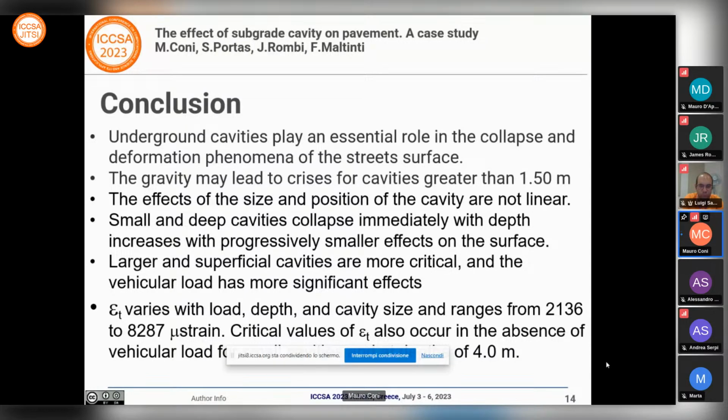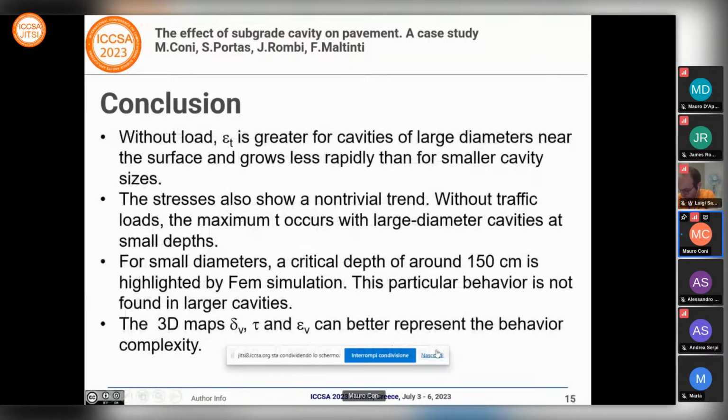A critical value of deformation also occurs in the absence of traffic load. Without load, the deformation is greater for cavities of large diameter near the surface and grows less rapidly than for smaller cavity sizes. The stress also shows a non-trivial trend.